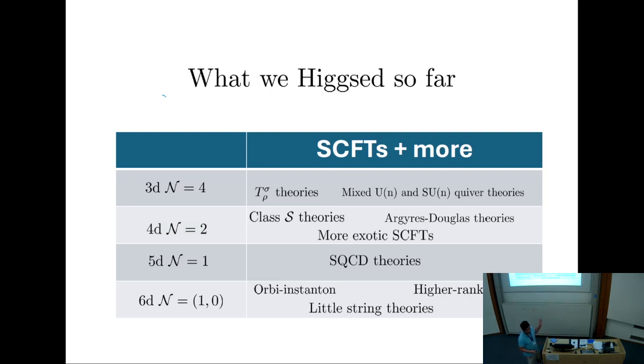So with the Lagrangian description, I have the explicit gauge and flavor symmetry. This is easy. But in many of these SCFTs, when people found them, they just say, okay, all I know about this SCFT in 4D, for example, is like Coulomb branch operators, central charges, and the flavor symmetry. But just with this information, in general, I cannot do Higgsings, at least not in the way that I said.